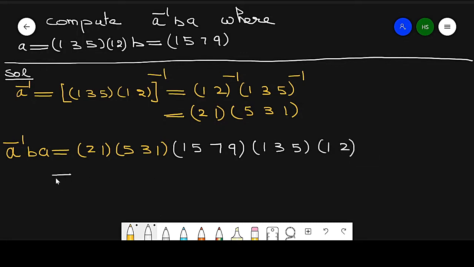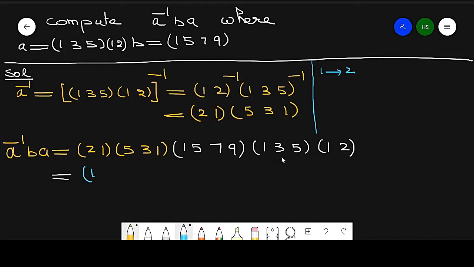So how will we find these values? In the product of permutations we start from the right. Take one element, 1. It passes through 5 steps. In the first step, 1 goes to 2.